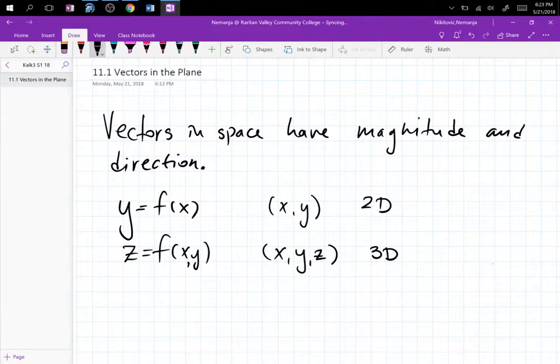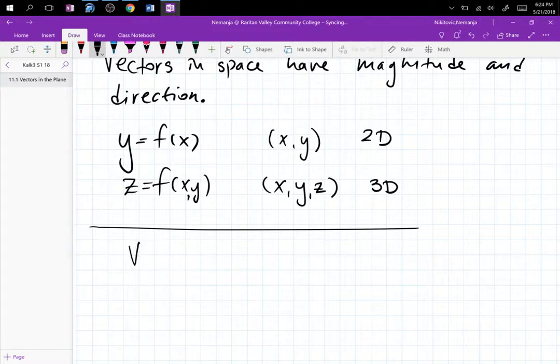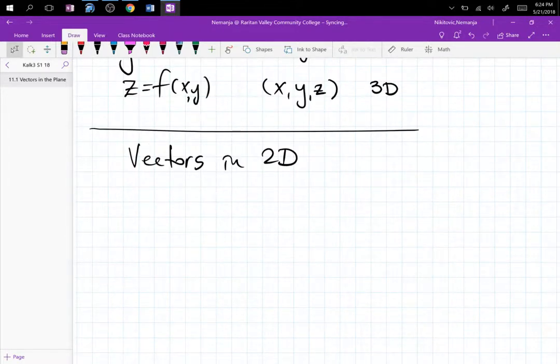So now, vectors will be stretching between 2 points. So we first talk about the two-dimensional space, so vectors in 2D. We are going to take a look at a vector which stretches between point P and the point Q. And we'll say vector lowercase u with the arrow above it.